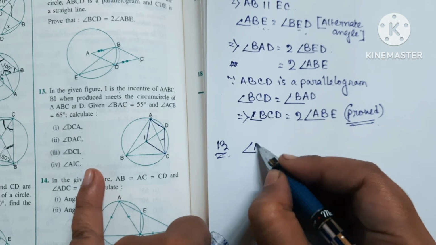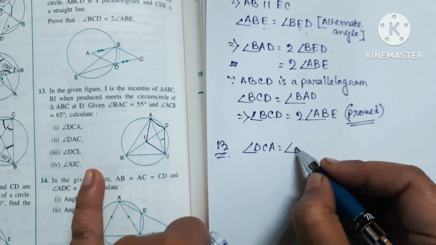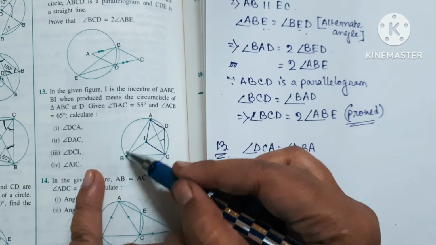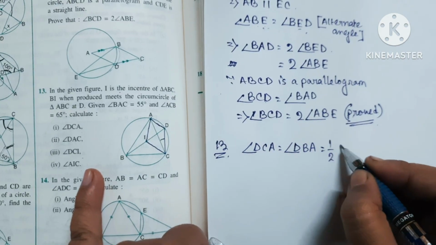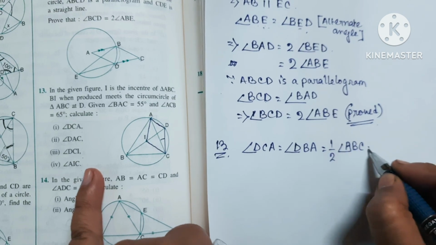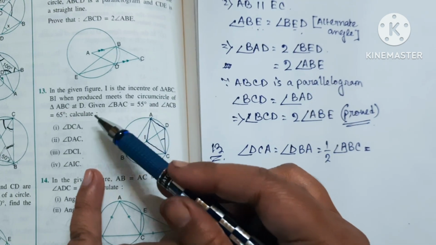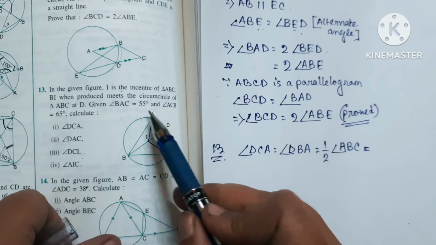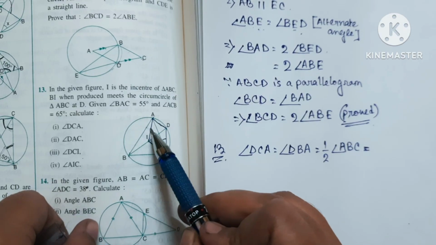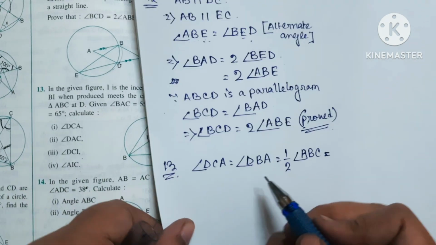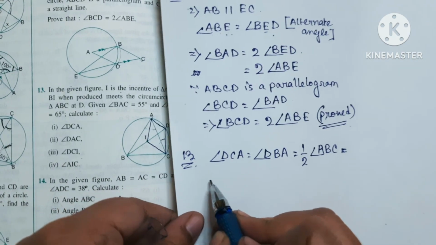So angle DCA is equal to angle DBA, and DBA is half of angle ABC. Oh, ABC is not given to you. Okay, that doesn't matter. BAC is given. This is 55, and ACB is 65.